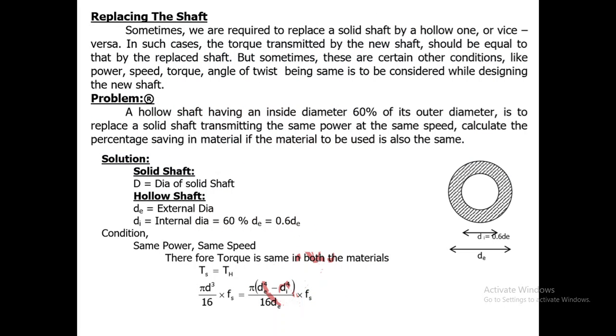In the previous session, we worked out some problems, and we calculated how to design the shafts, how to determine the diameter of the shafts for transmitting different powers at different speeds.